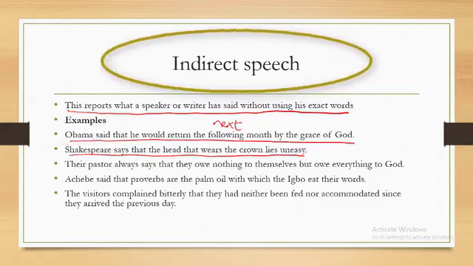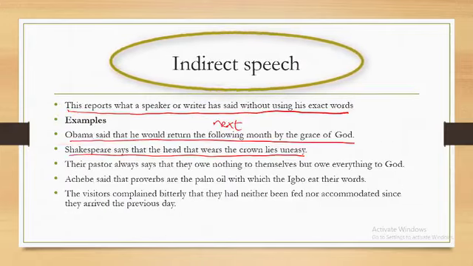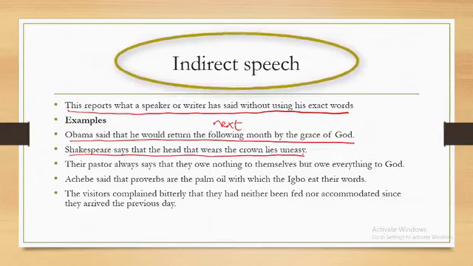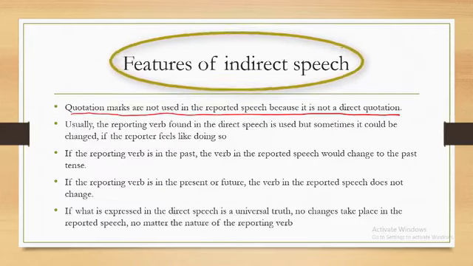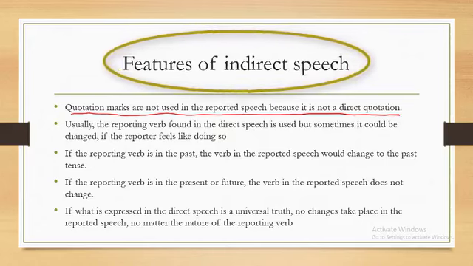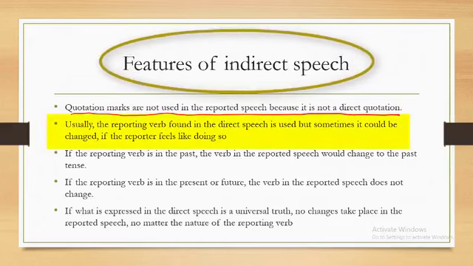If you don't forget, we said, Obama said, "I will return next month by the grace of God." But when we change that to indirect speech, we said, Obama said he would return the following month by the grace of God. So the reporting verb most times could change. It's not every time, but most times it could change.